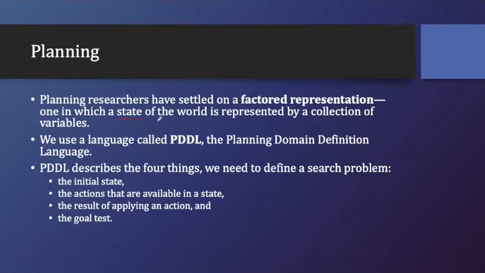We have learned the predicate logic, we have learned the propositional logic. So based on that, we'll represent it, and we'll use some sort of variables to do that. And here we are going to use the language called PDDL, which is called Planning Domain Definition Language.